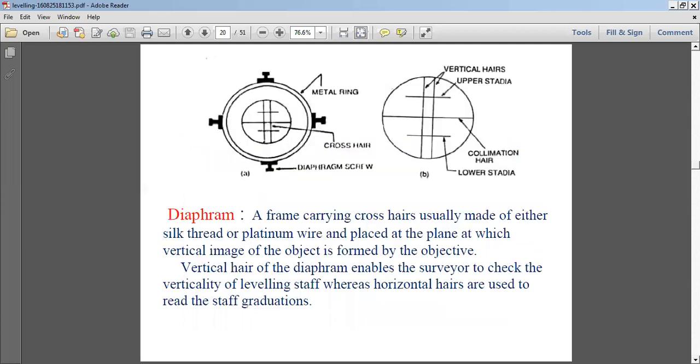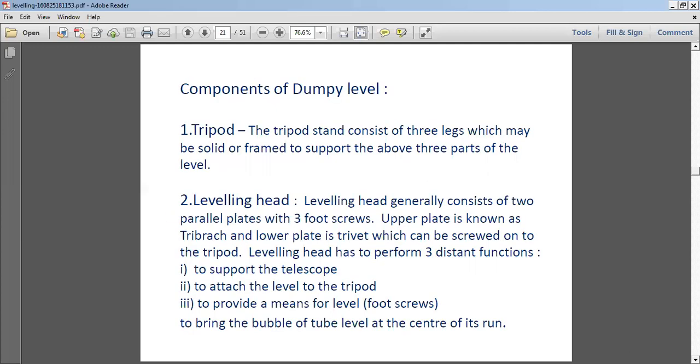Whenever we start the leveling work, first of all we have to place the tripod stand where we can take the maximum readings from that particular point. We fix the tripod stand at that point and level it approximately with the naked eye. Then we fix the level, whether it is an auto level or a tilting level, whatever instrument is available.